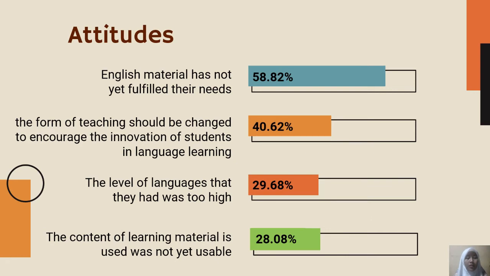And then the content of learning material was not yet usable. Because the language is too high and the material didn't match their needs, they think that the English learning material used was not yet usable.